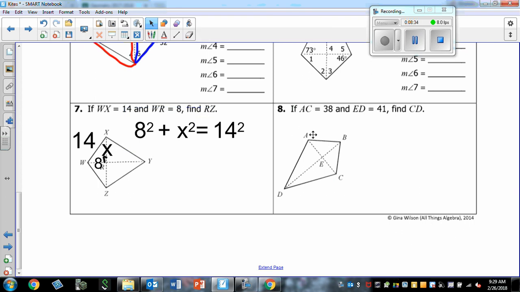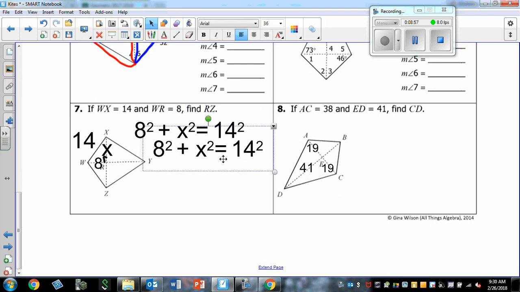For number 8, just so you can see how you would label it, AC is this whole thing. So I would chop that in half so that each part is 19. So this side's 19, so is this side. Okay, ED is 41. So that's this piece here.